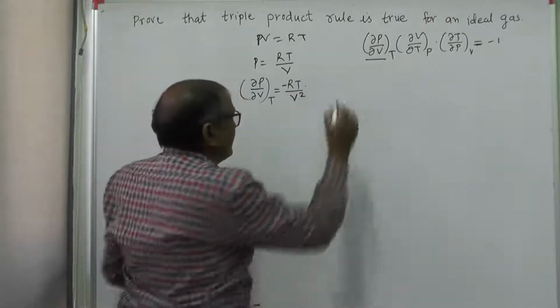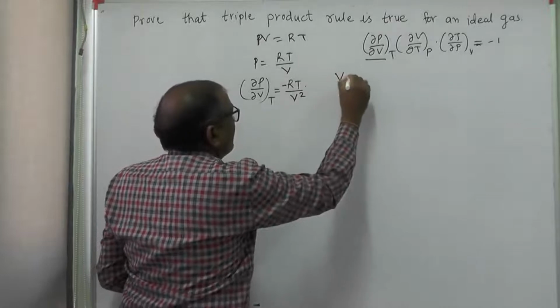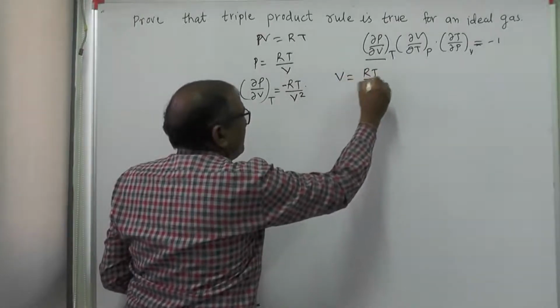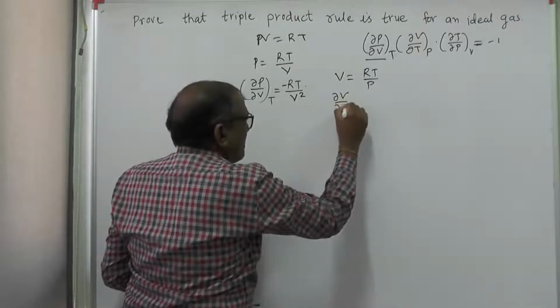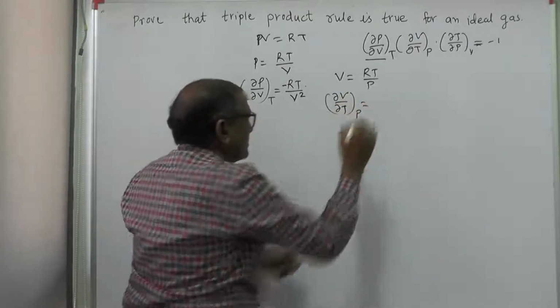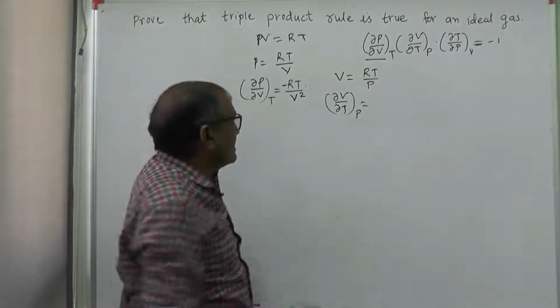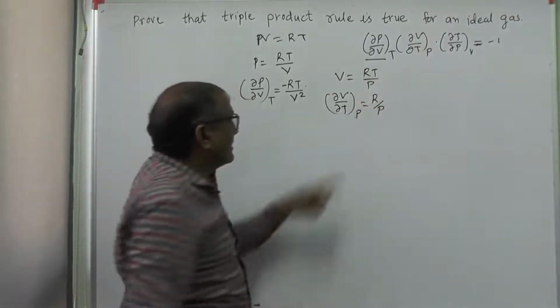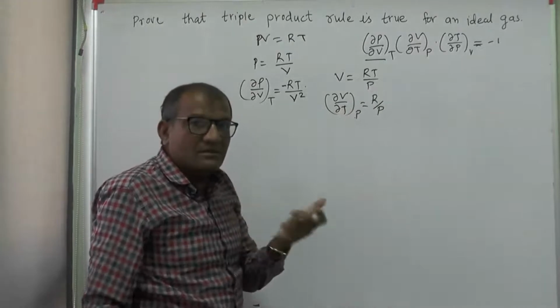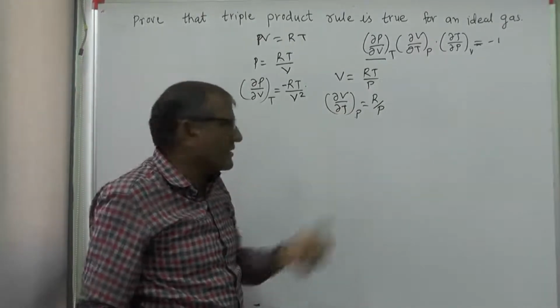For the second derivative, I am converting this equation to V equal to RT upon P and taking the derivative with respect to temperature, keeping pressure constant. On the RHS, pressure is constant, R upon P, and the derivative of T with respect to temperature is 1.